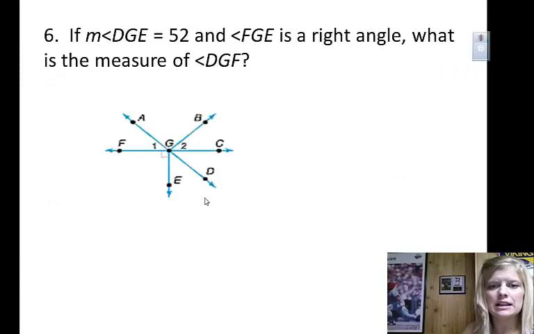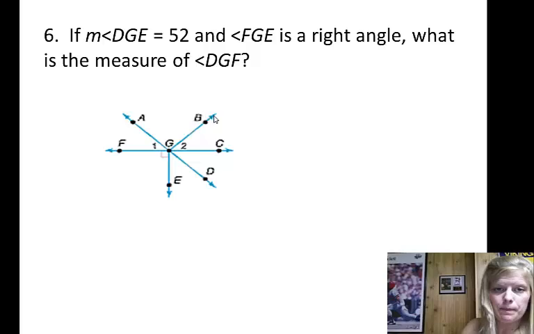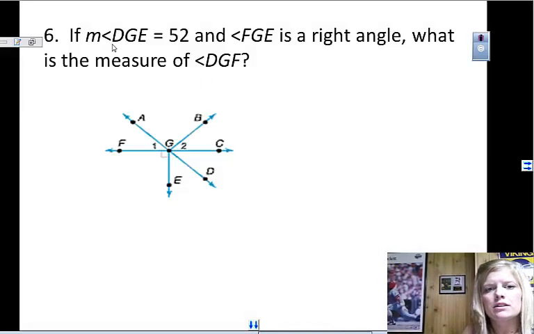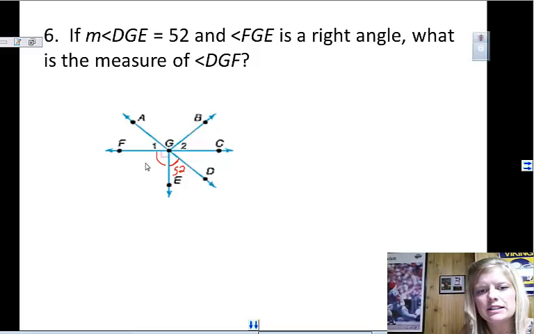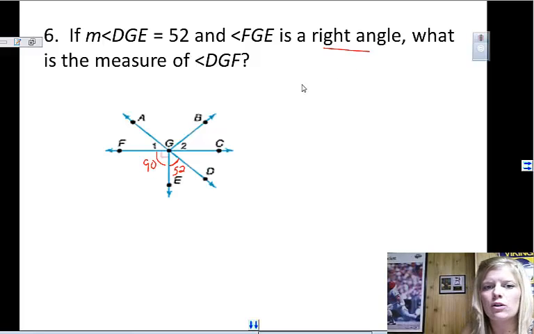Alright, last but not least, number 6. It says m angle DGE. Reminder, m means measurement. So the measurement of angle DGE, this angle right here, is 52 degrees, and the measurement of angle FGE is 90 degrees because that means a right angle. What is the measurement of DGF?